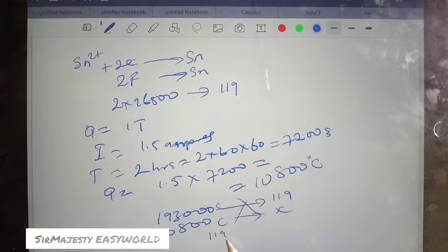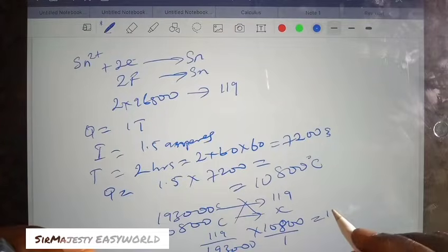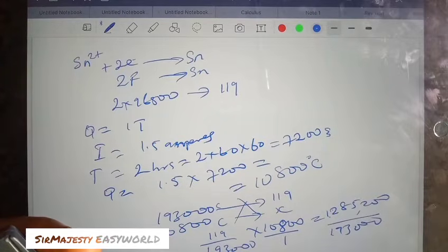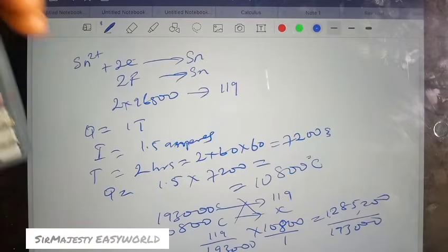So it will give us 119 over 193,000 times 10,800 coulombs over 1, such that we have 119 times 10,800 divided by 193,000 to give you 6.65.